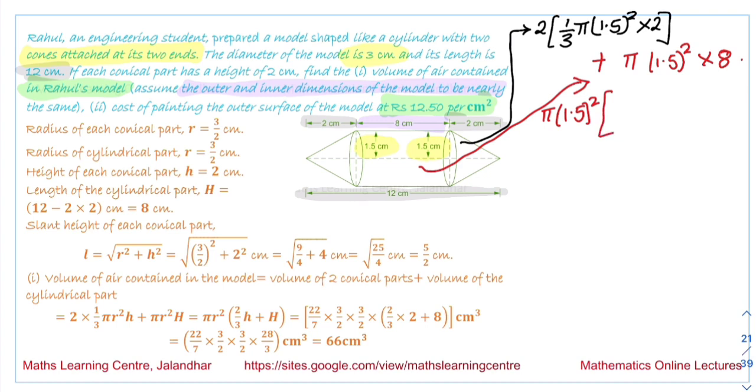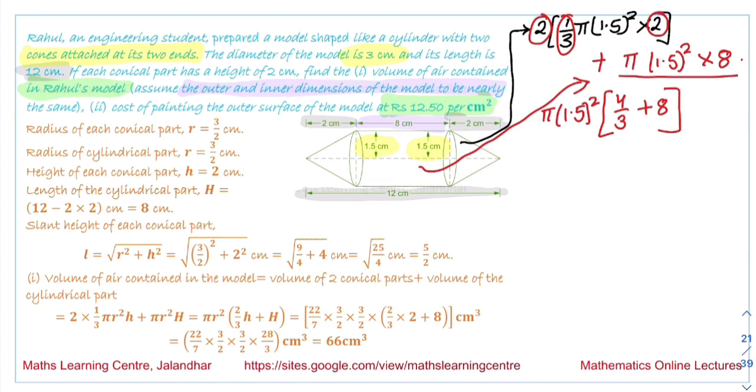From the first term we are left with 4 by 3, this is 2 into 2, 4, 1 by 3. Pi we have already taken common, and 1.5 square is already common. And from the second term we are left with plus 8.